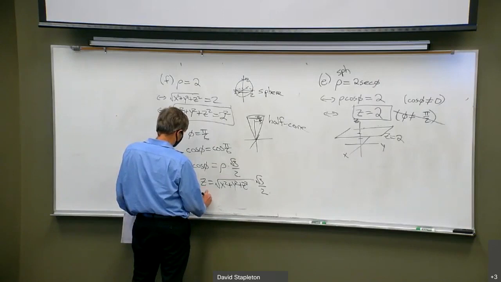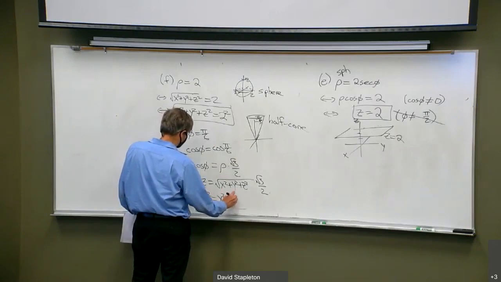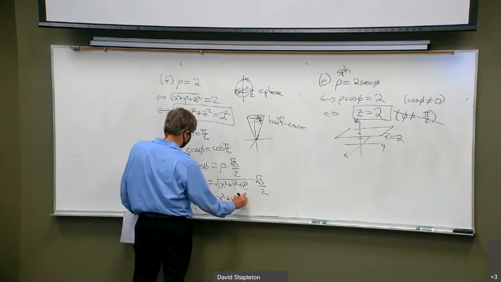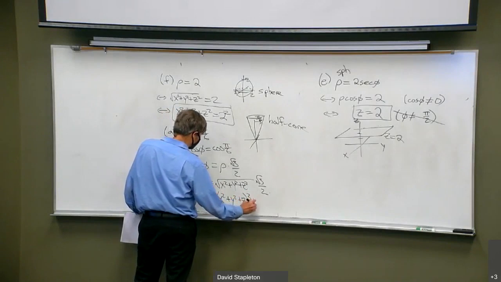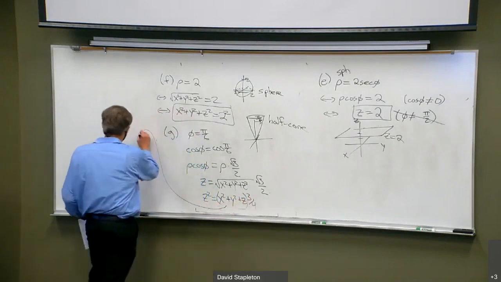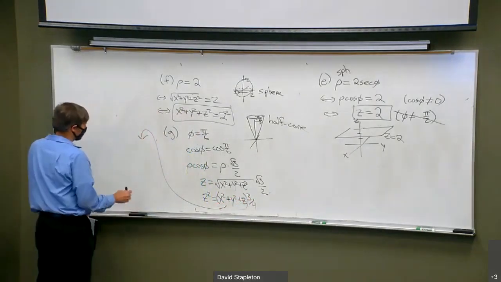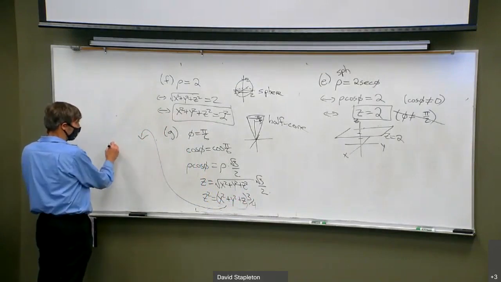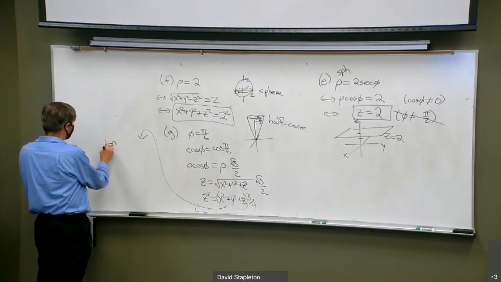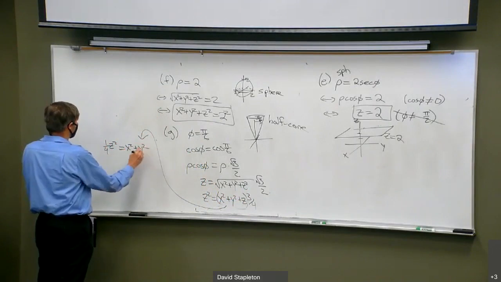I get z squared equals x squared plus y squared plus z squared times three fourths. So now I can subtract over and get z squared times a fourth equals x squared plus y squared.